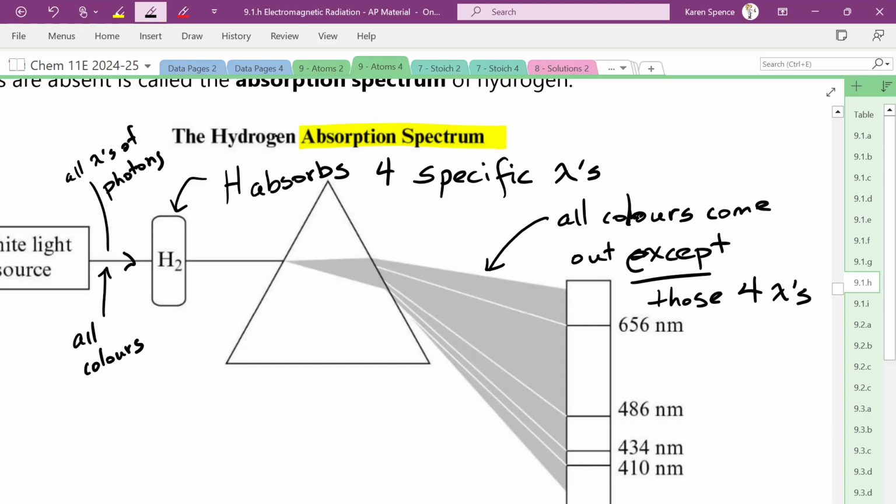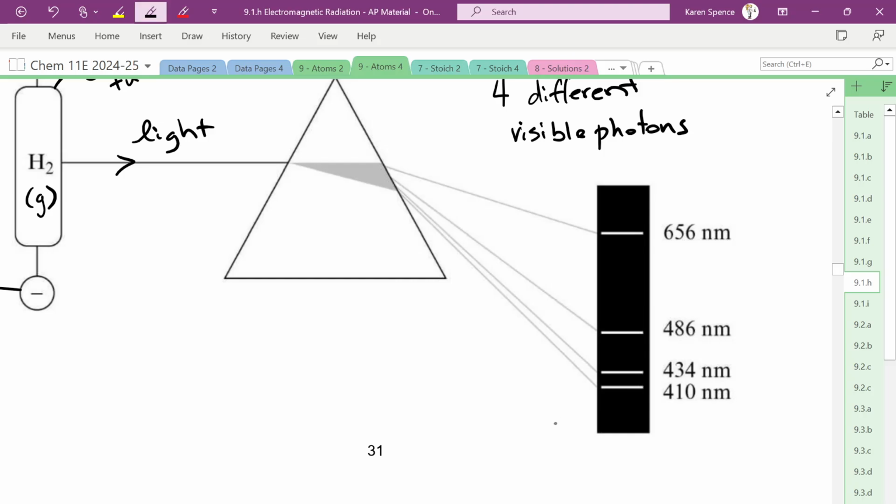So all the colors come out except those 4 wavelengths, and these appear as black lines. They're the same. It's just that we have black lines on a rainbow, and in the other one, we have rainbow lines on a black background. So here we would have colored lines, because the hydrogen is absorbing those lines.